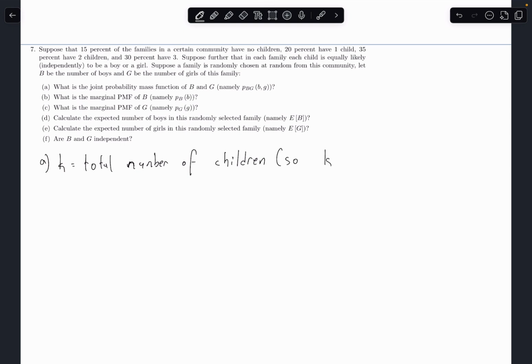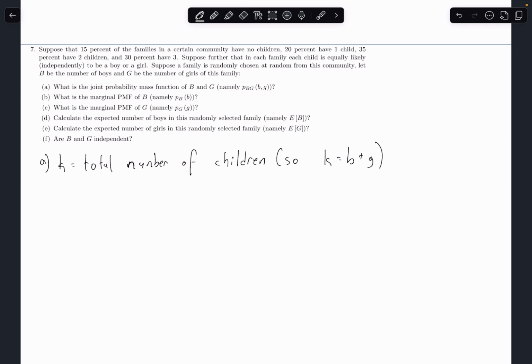So K equals boys plus girls. The probability a family has exactly K children is given in the problem. Given K children, each child is independently a boy with probability 0.5.